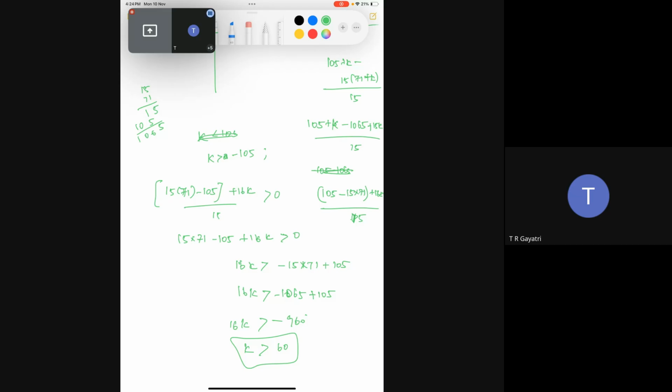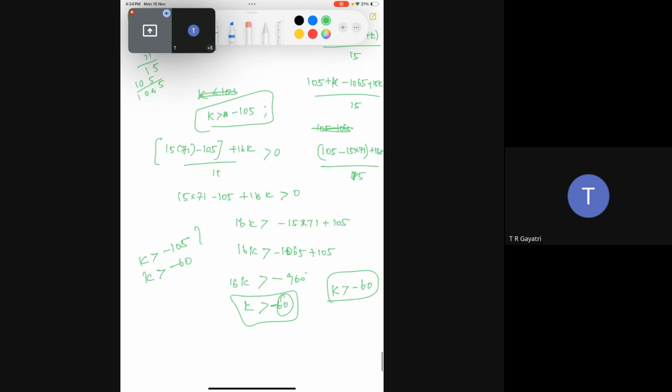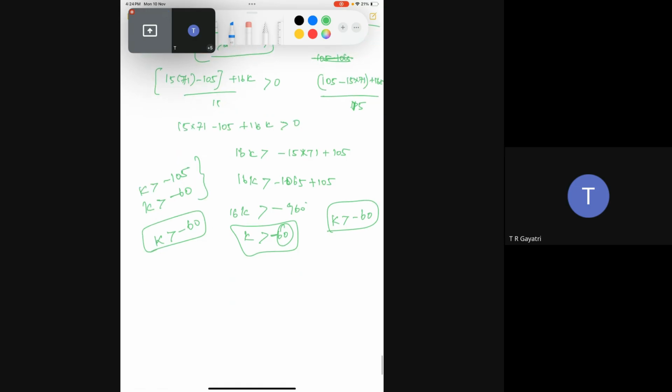From this condition we got k should be greater than minus 105 at least. From this condition, k should be greater than minus 60. Out of this, the closer value we have to take is k at least greater than minus 60, right? Yes, ma'am.